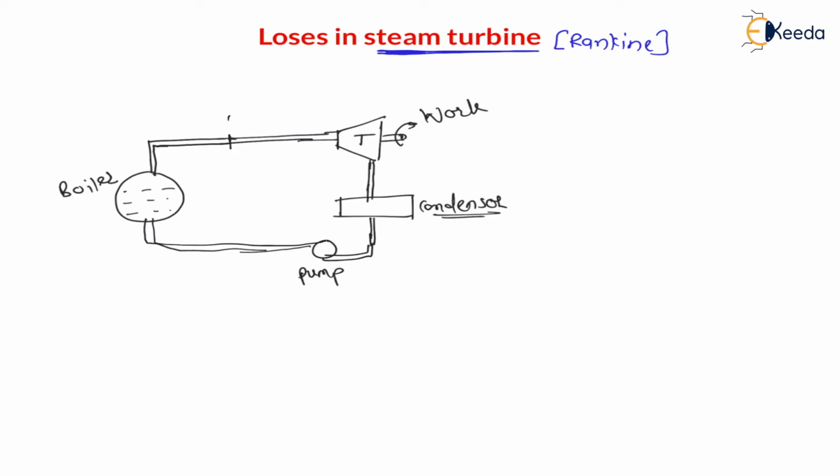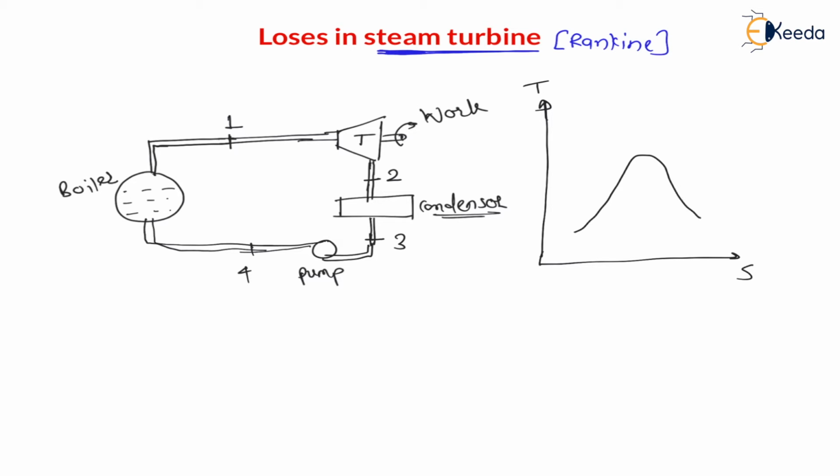Now let us understand here the TS diagram. The inlet to the turbine is 1, the outlet of the turbine is 2, condenser exit is 3, and pump exit is 4, right? Now if I draw temperature versus entropy diagram for the ideal cycle, there will be a liquid vapor dome, right? 1 to 2 is reversible adiabatic expansion in turbine. 2 to 3 is constant pressure heat rejection in condenser. 3 to 4 is pumping, that is isentropic reversible adiabatic pumping.